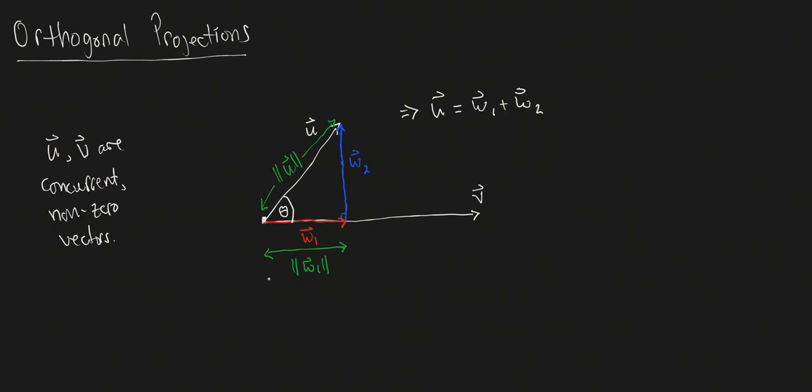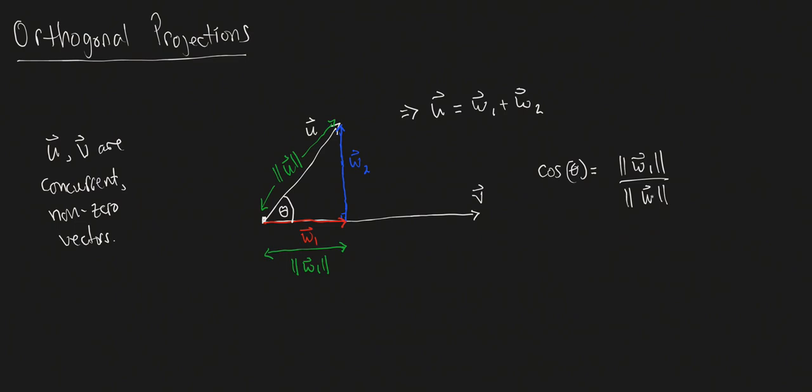Well, that looks like the cosine, right? So I could say that the cosine of theta, remember that's adjacent over hypotenuse, so the adjacent here is the magnitude of w1 divided by the hypotenuse, which is the magnitude of u, right?